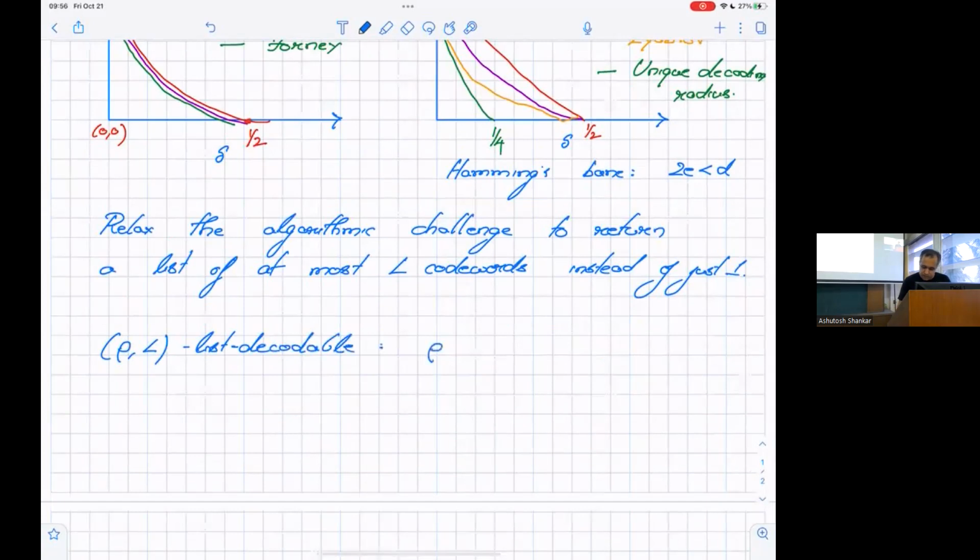Your rho is some number between 0 and 1, and L is a positive integer.